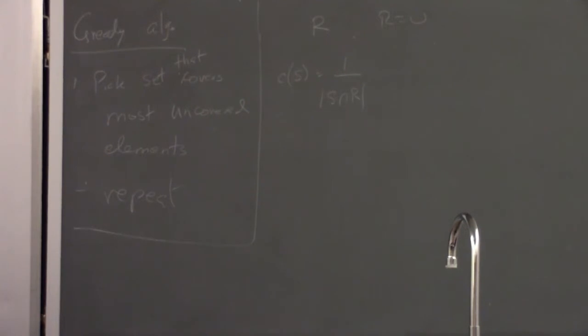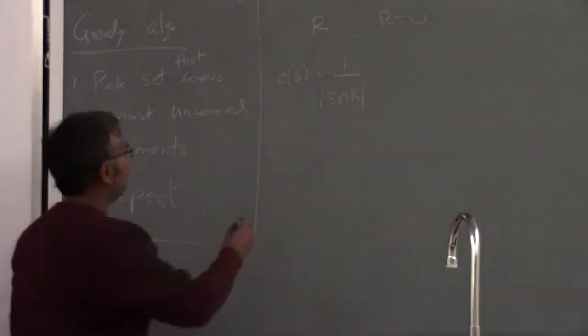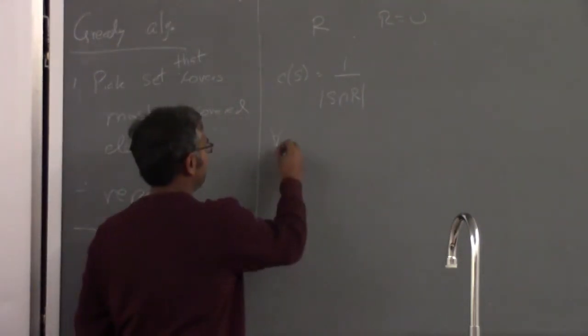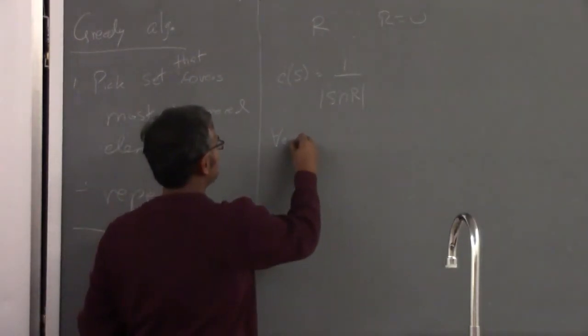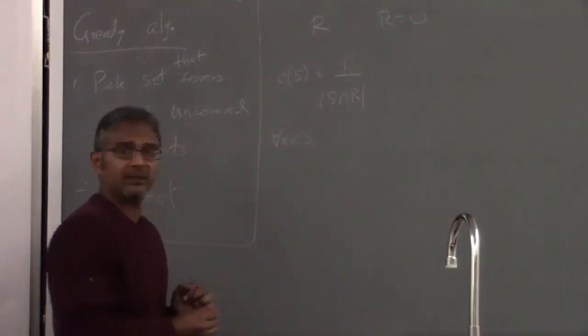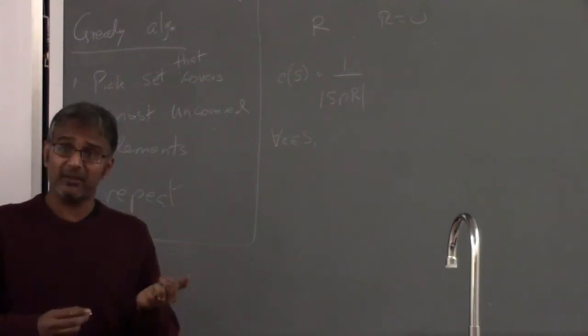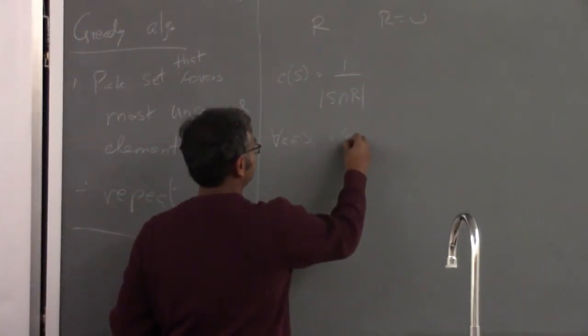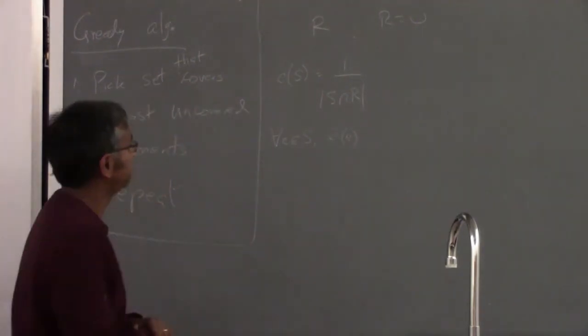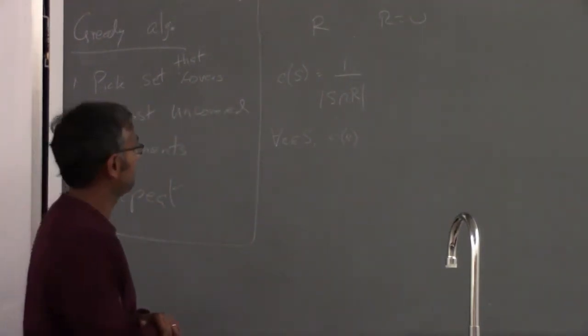And what we're going to do is then, for all elements belonging to S, we're going to give each of them a cost equal to this.